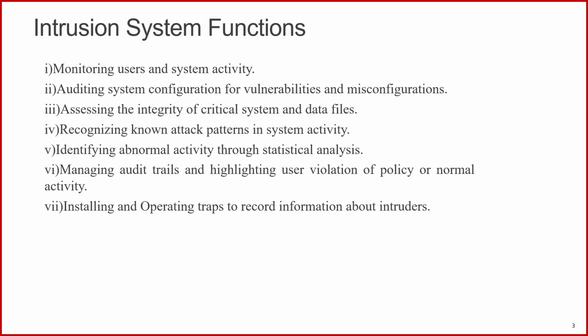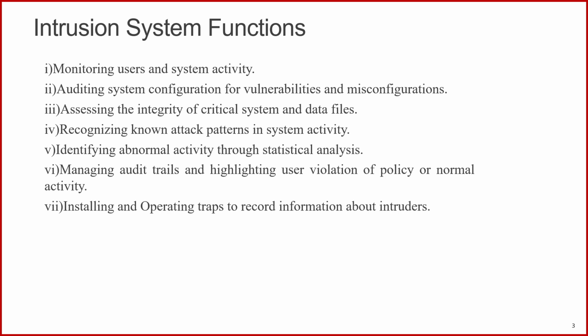So we should know what the functions of the intrusion detection system are. It helps to monitor the users and system activity. It helps in auditing the system configuration for vulnerabilities and misconfigurations, and also helps to assess the integrity of the critical systems and data files. It helps to recognize known attack patterns in system activity. It also helps to identify abnormal activity through statistical analysis.